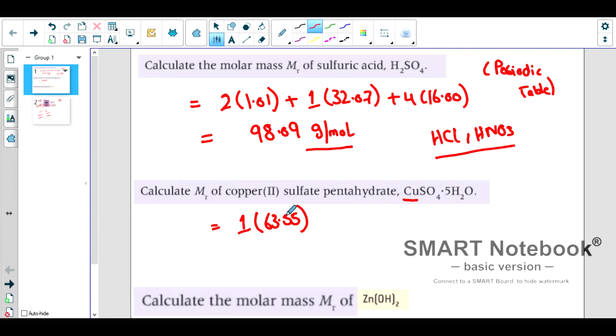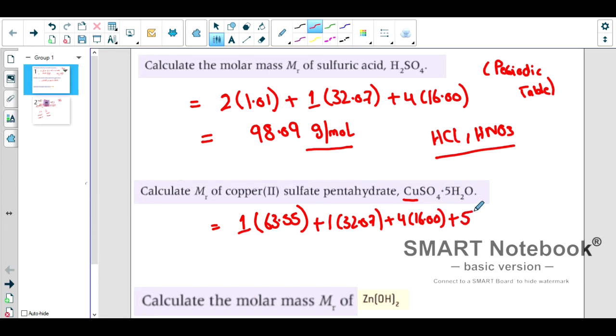So 1 times 63.55 plus, how many sulfurs are there? 1. The mass of sulfur is 32.07, plus 4 oxygens, so 4 times 16.00. Now there is a dot here, but when you are doing the mass, you will take it as a plus.